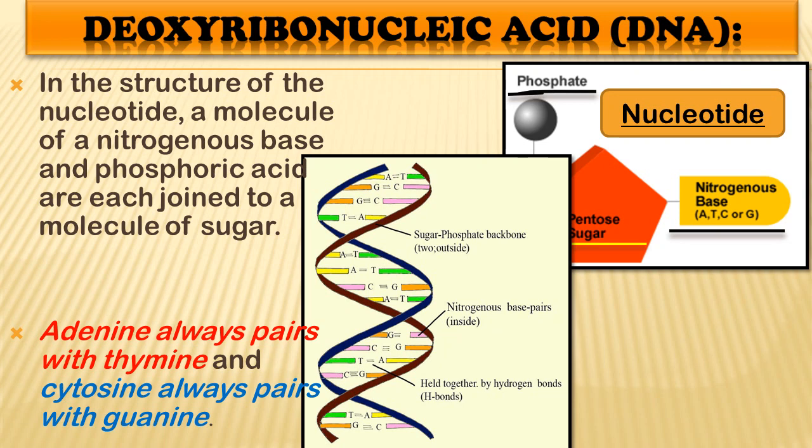Adenine will always pair with thymine, and cytosine is always paired with guanine, with hydrogen bonds. So this is the basic structure of a DNA molecule. I hope you have all understood the structure of deoxyribonucleic acid, or DNA.